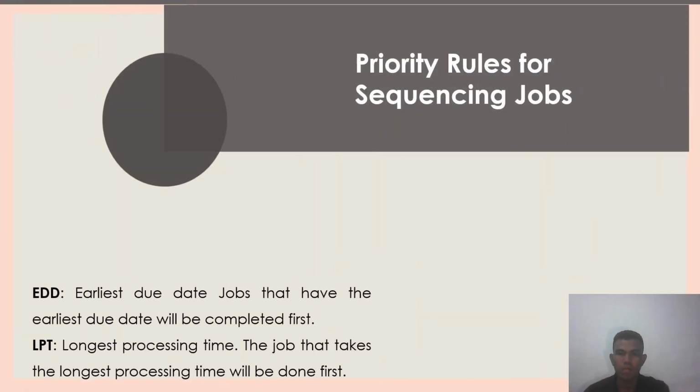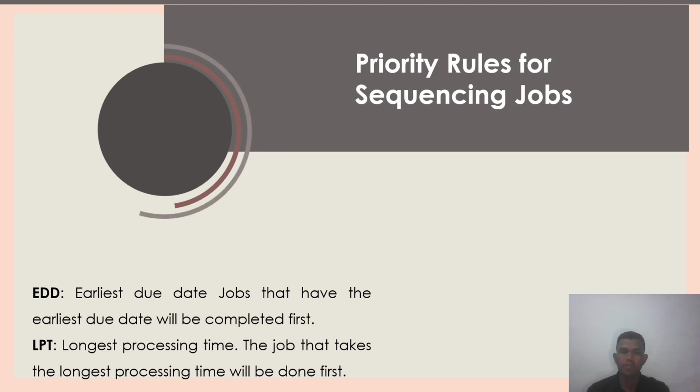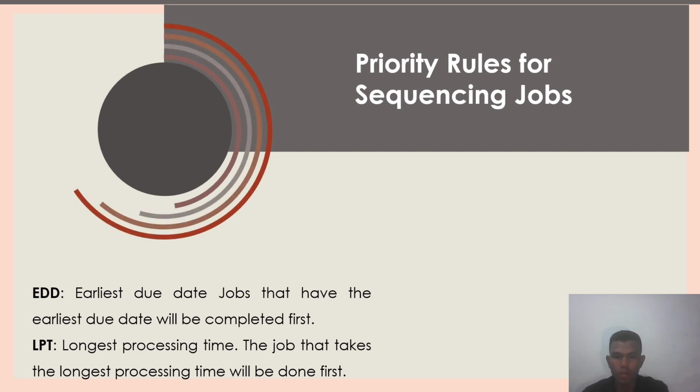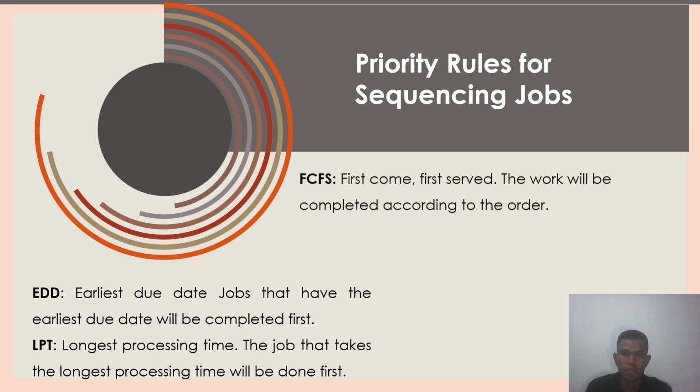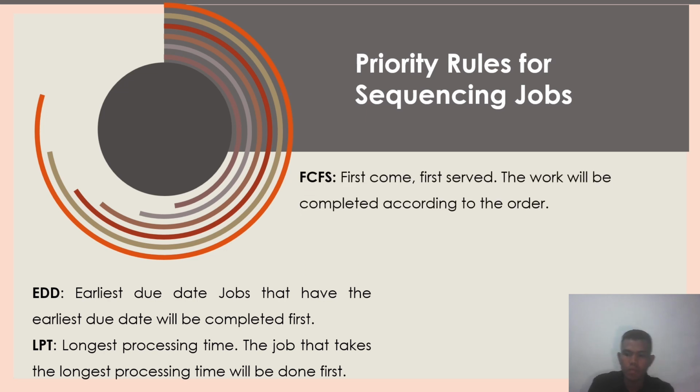Now, priority rules for sequencing jobs. Priority rules are especially applicable for process-focused facilities such as clinics, print shops, and manufacturing job shops. The most popular priority rules are: 1. FCFS, first come, first served. Jobs are completed in the order they arrived. 2.